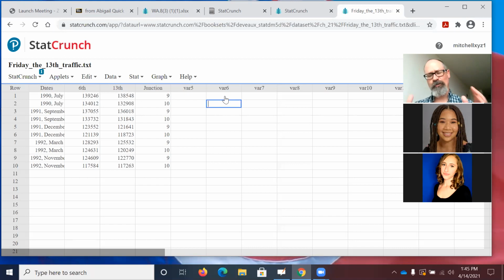If you're dealing with Friday the 13th and the previous Friday, you know what you have to pick in different years. But it's weird, right? I think it's kind of a weird analysis, in my opinion. You can do the analysis, but it feels strange because you're only looking at junctions 9 and 10 on this highway. Why not look at others?